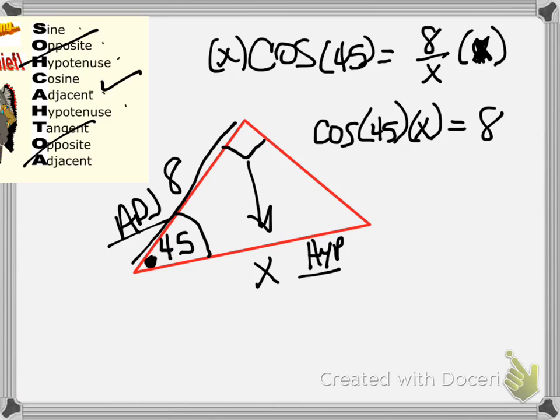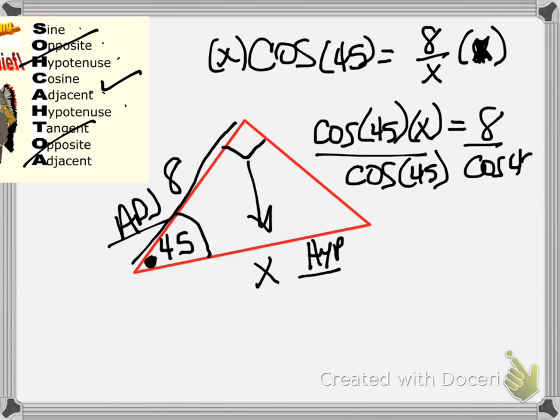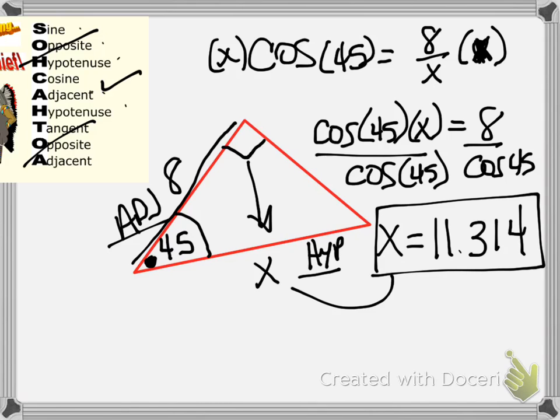X is still not by itself, but we can do that with one step. Divide by cosine 45. So we use our calculator. 8 divided by cosine 45, and we get 11.314. And that is our hypotenuse of this particular triangle.